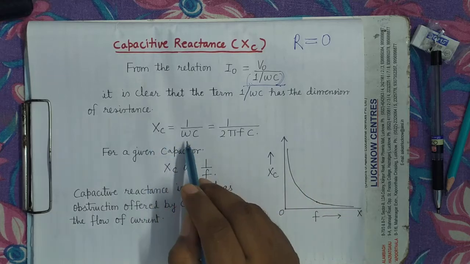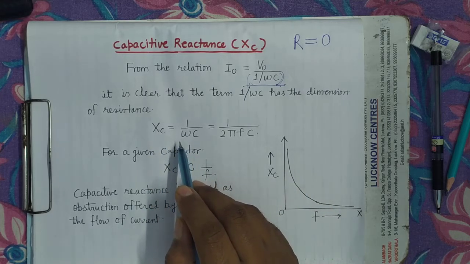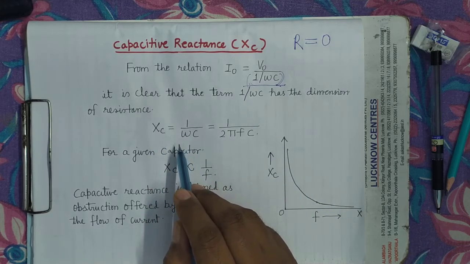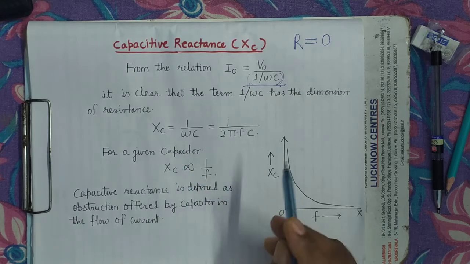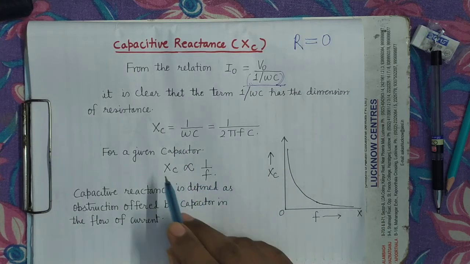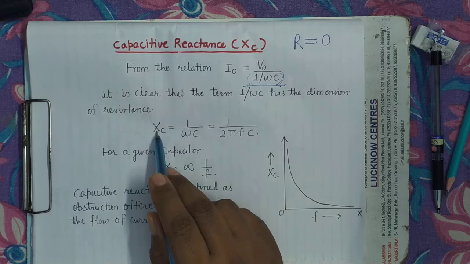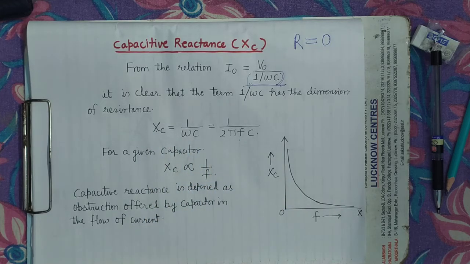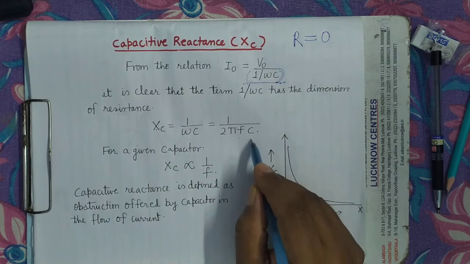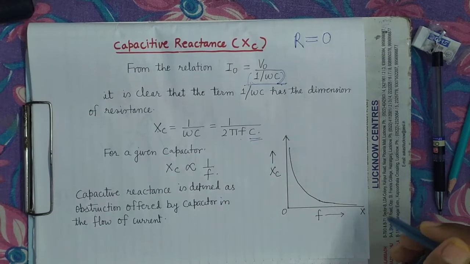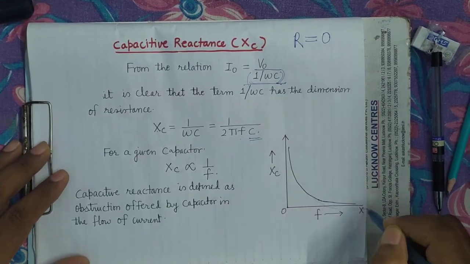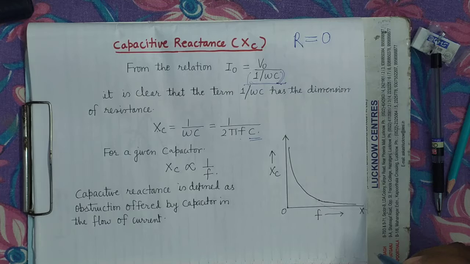So, Xc equals to 1 upon omega c, that is equal to 1 upon 2 pi f c. It's clear? Now, see here, if we draw the graph of Xc versus frequency for a given capacitor for which the value of C is fixed, this graph will be like a rectangular hyperbola.